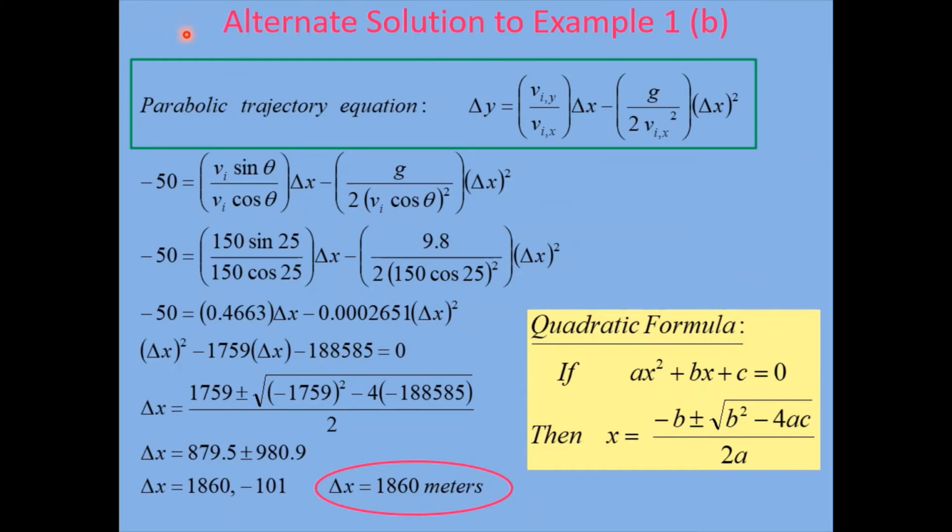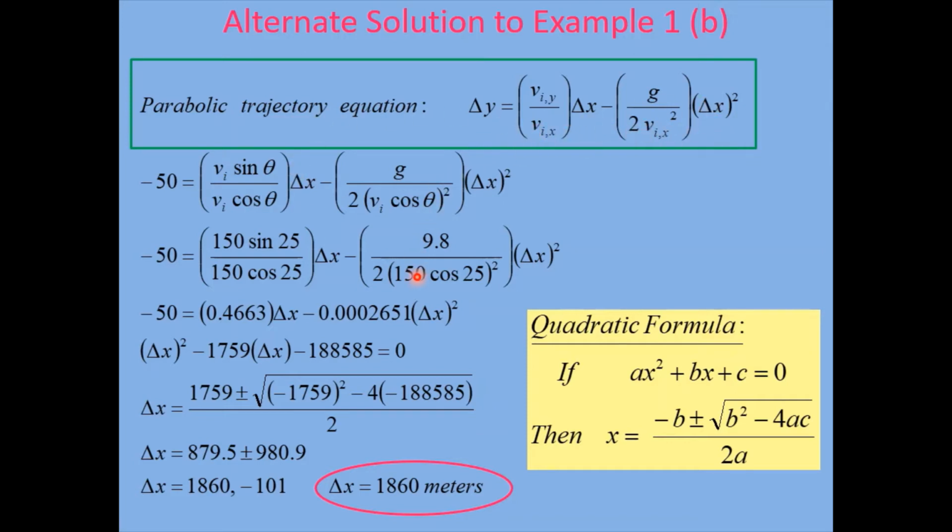There's actually an alternate solution, another way of solving part B that I'm not going to go through because it's considerably more complicated than what I just showed on the last slide. But this is just a reminder again that there are often multiple ways to solve problems in physics. This more complicated method uses the parabolic trajectory equation, which we derived a few slides ago.